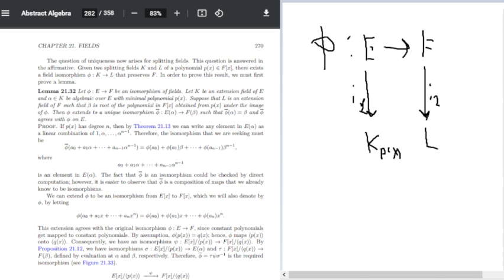Suppose that L is an extension field of F such that beta is a root of a polynomial in F of X, and P of X under the image. So we have P of X in E such that phi of P of beta equals 0.